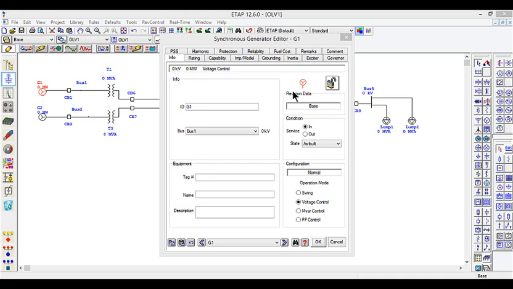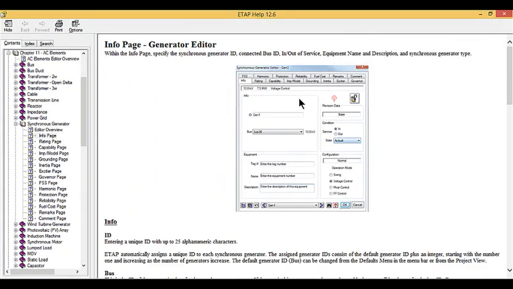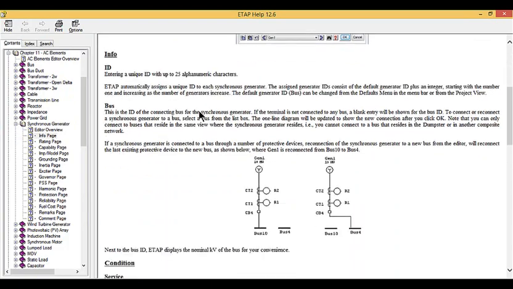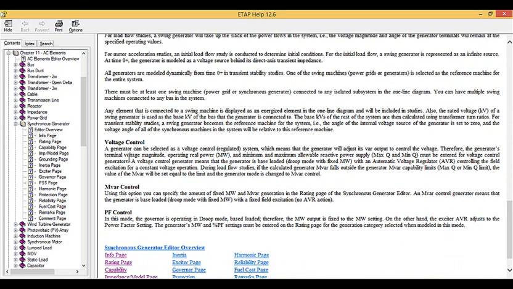Coming back towards the generator modeling, the first generator we consider is a voltage control mode generator. You can also see the details of these operation modes in the help menu of ETAP. Here it is clearly written that in MVR control mode, fixed megawatt and megavar generation in the rating page of synchronous generator.